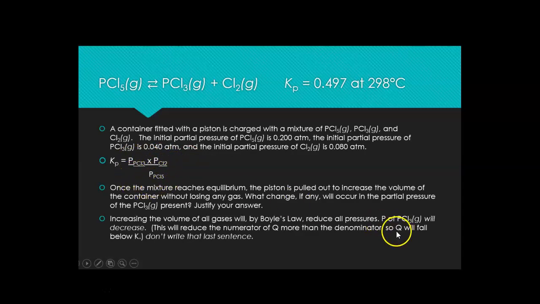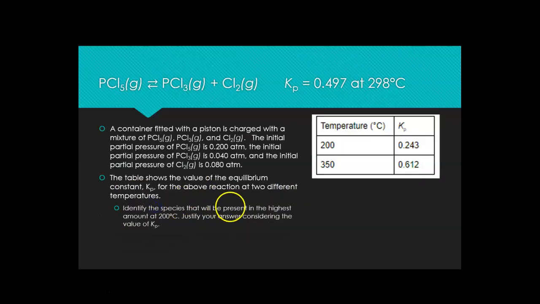So Q now is below K. That'll tell you what direction it will go, and naturally it'll go to the right. But I'm telling you, don't write that last sentence if all they're asking is what change will occur in the partial pressure of the PCl3. That's not the question they ask, so just answer the question.